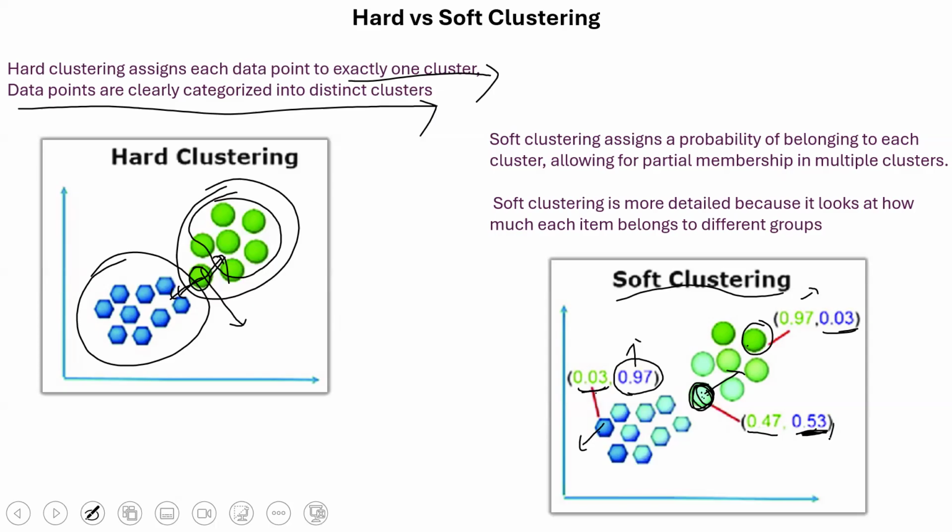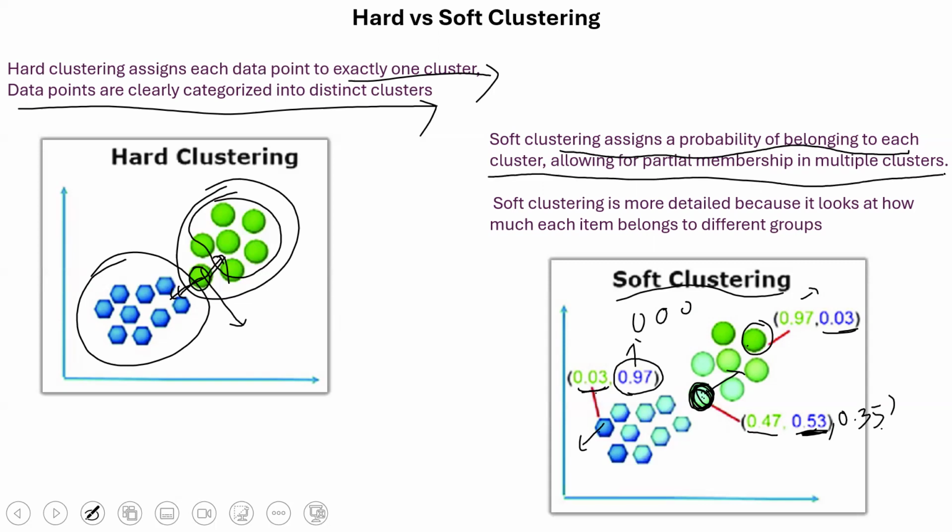Let's suppose you have another cluster with color black, we say the probability of this belonging to black is 0.35. That's how you come up with the probabilities of a particular point belonging to different clusters. Soft clustering assigns the probability of belonging to each cluster, allowing for partial membership in multiple clusters.